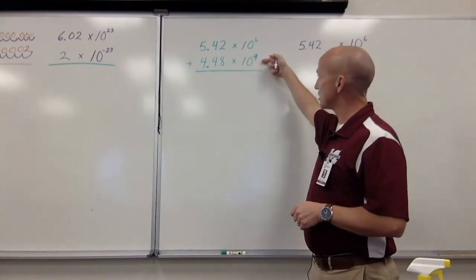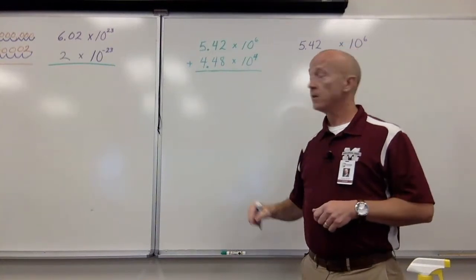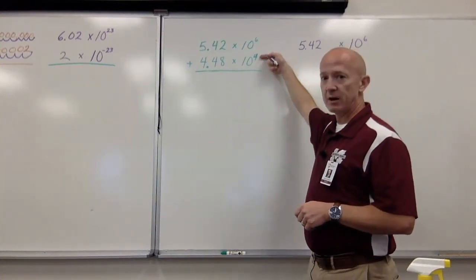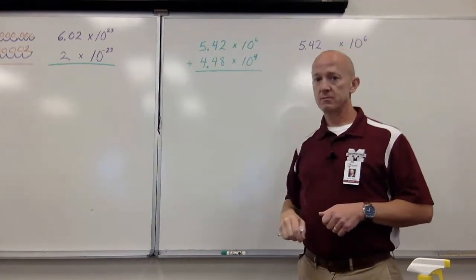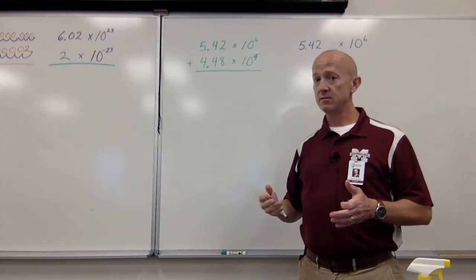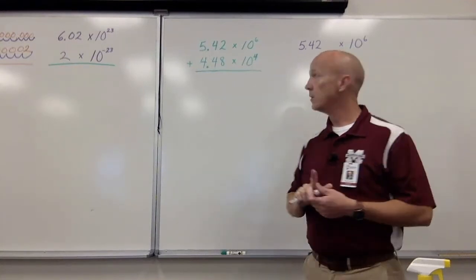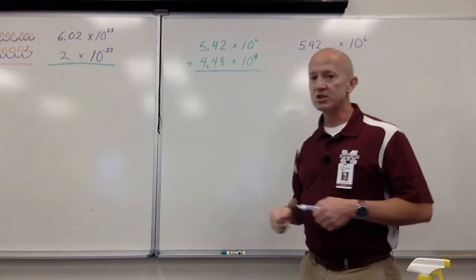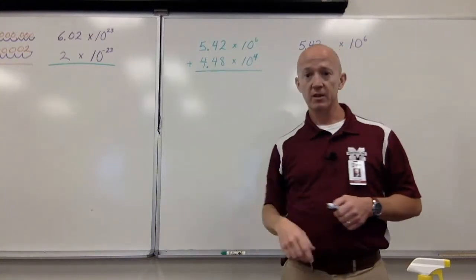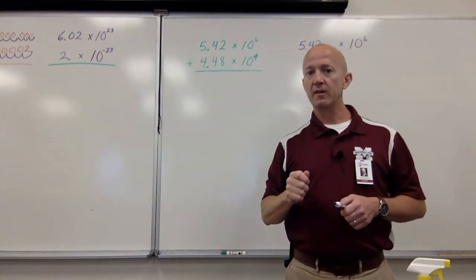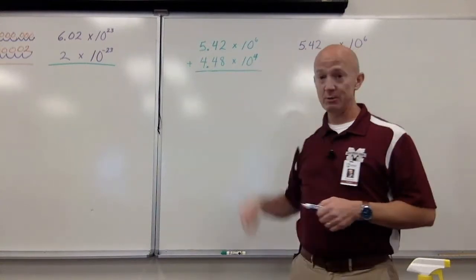Now I'm going to change this lower one to be like this one. But how many decimal places do I need to go from 4 to 6? That's how many? Right, 2. Now, which direction does my decimal need to go in my coefficient in order for that number right there to increase?